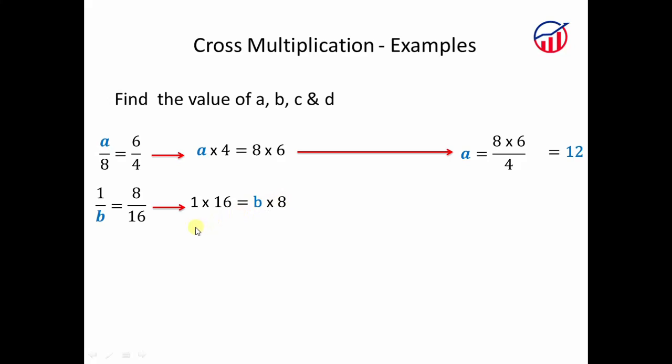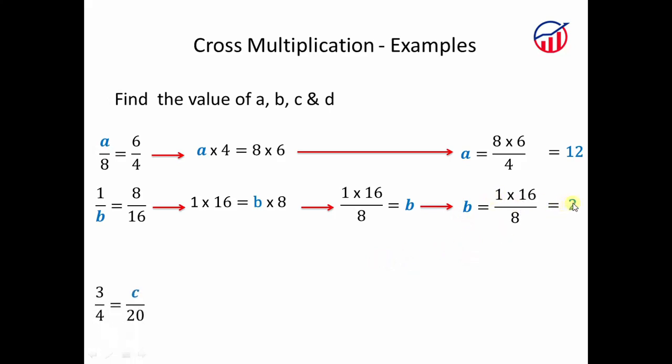That means it's going to come down. So you're going to get 1 into 16 upon 8 is equal to B. We just write it down again for clarity purposes. B is equal to 1 into 16 upon 8. You know that 8 2s are 16 and 2 1s are 2. So the answer is B is equal to 2.